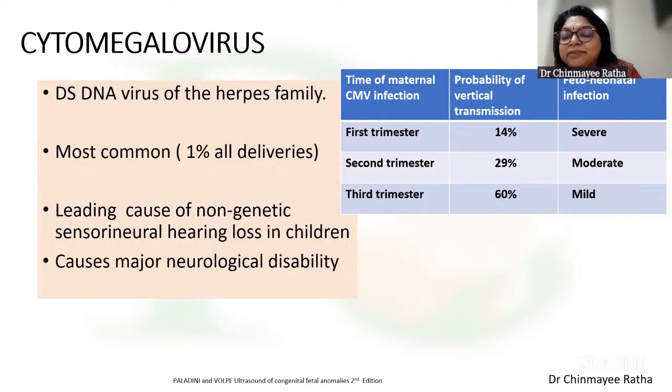Whenever there is a child with neurodevelopmental delay, everybody starts going overboard and doing a number of tests. But suppose you have determined clearly and unequivocally that the problem in the first child is because of a CMV infection, then where is the problem? The mother can be tested for CMV immunity, and if she is immune to CMV, she is not going to have another CMV infection with the same severity, and they can actually be reassured.